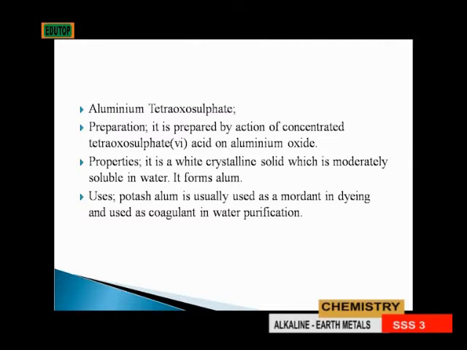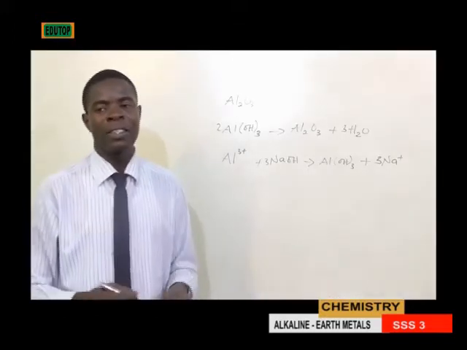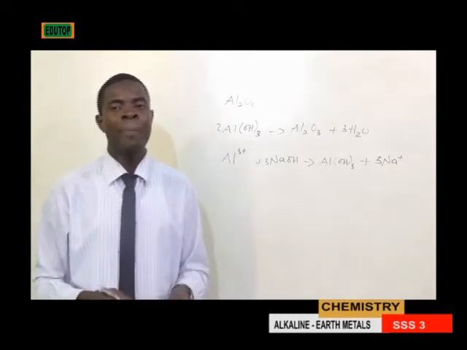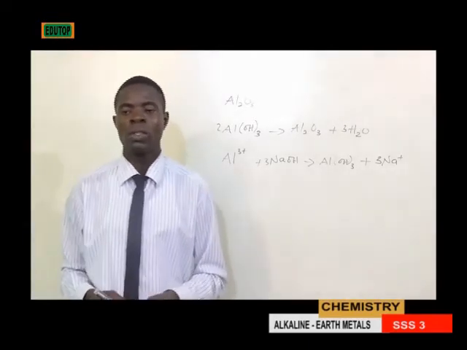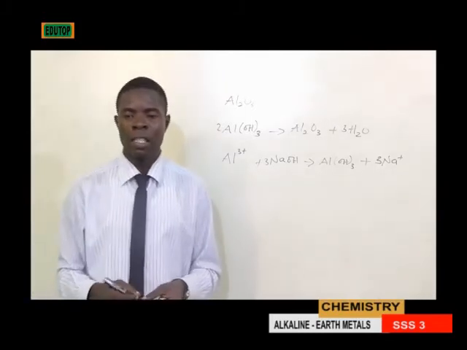Uses: potash alum is usually used as a mordant in dyeing and also as a coagulant in water purification. In the case of mordant, it has been explained as a substance which helps dye to stick to clothes, while coagulant is the process.